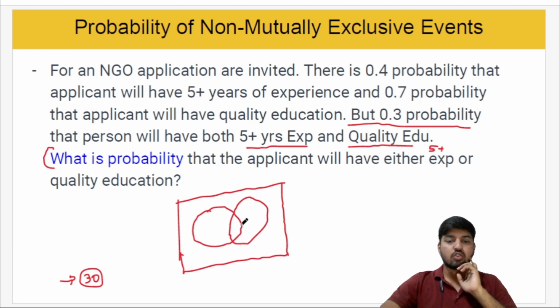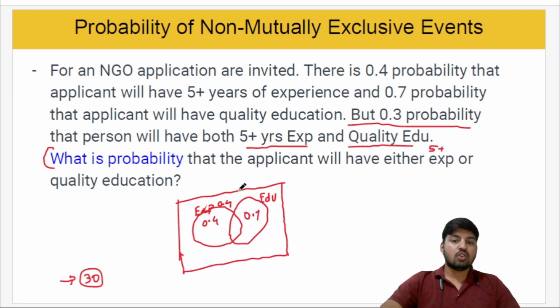This will not be mutually exclusive. This is my event of experience. I will write EXP, and here I will write EDU. And here I am having the intersection. For this whole circle of experience I have probability 0.4, and for this whole education circle I have 0.7.